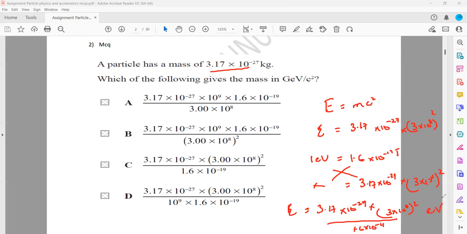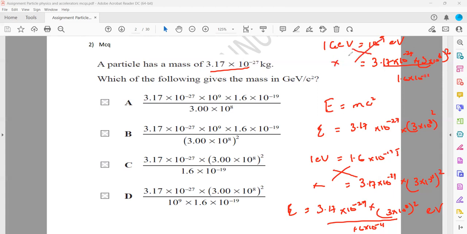But we want to convert into giga electron volts. So how to convert electron volts into giga electron volts? As 1 giga electron volt equals 10^9 electron volts, again we'll use the ratio. We have this many electron volts: 3.17 × 10^-27 × (3 × 10^8) squared divided by 1.6 × 10^-19 will be x giga electron volts.